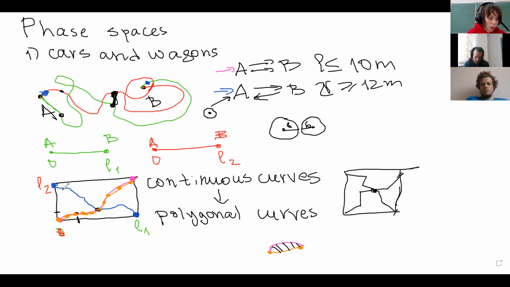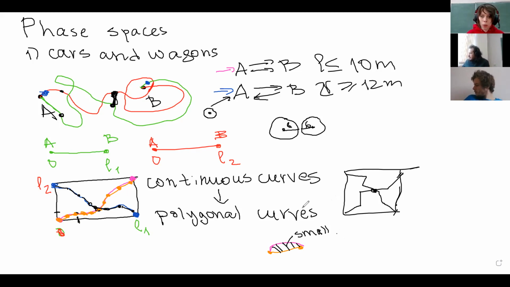Well, this way we can approximate both of our continuous curves. And we can make these approximations better and better by trying to make this distance smaller and smaller.